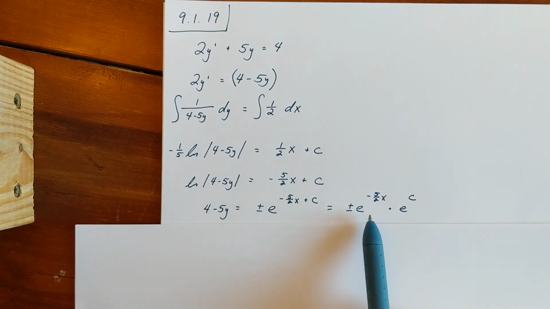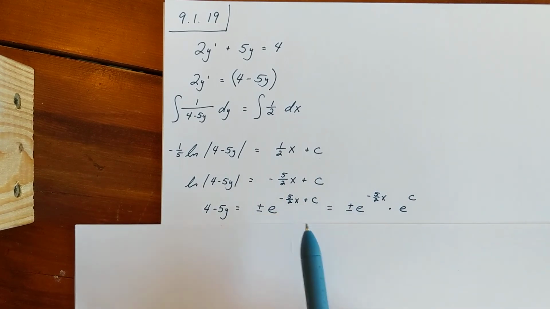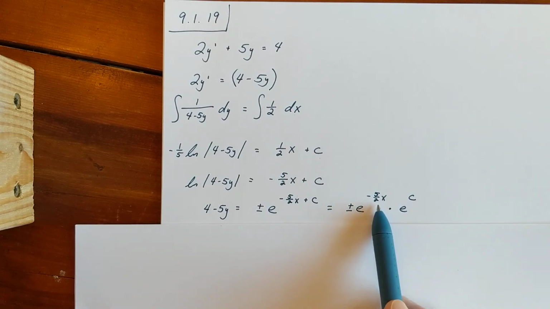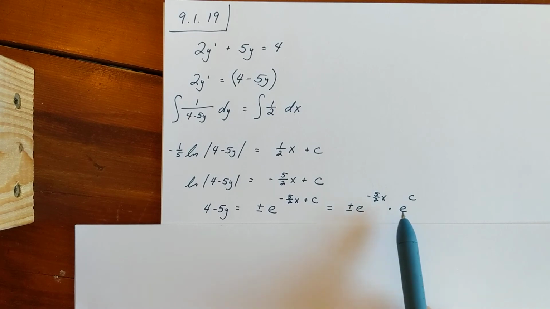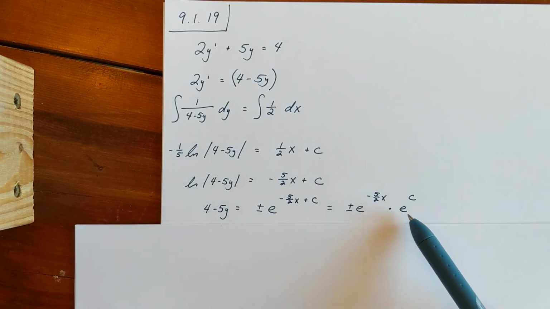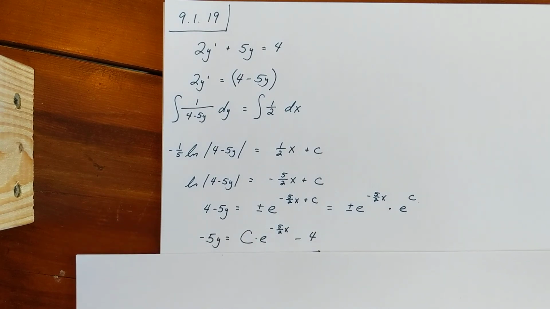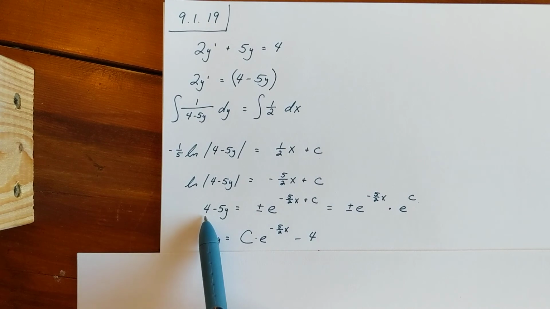But remember, if you're trying to match the book's answer, even though this is okay, they usually break this up now and make it plus or minus e to the negative 5/2 x multiplied by e to the c, remembering that e to a constant power is just going to be a constant in and of itself. So that's where this comes from. Also at the same time here, I subtracted the 4 from both sides. So that left me with a negative 5y equals.